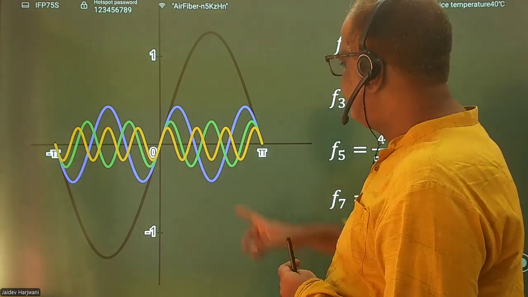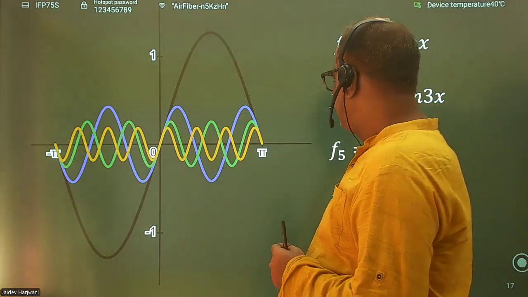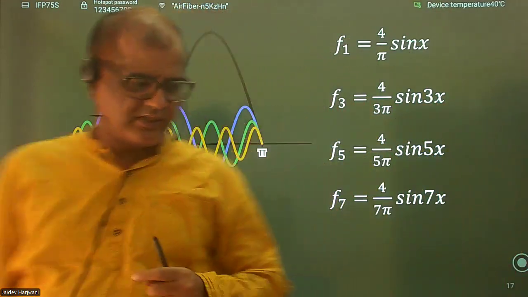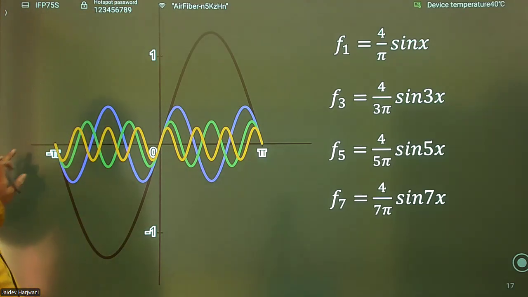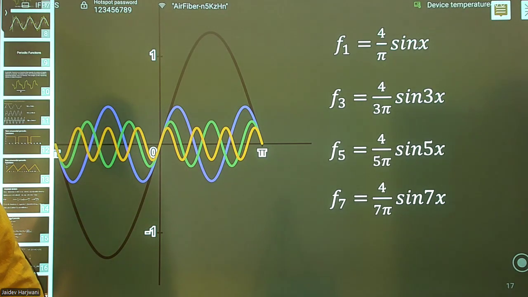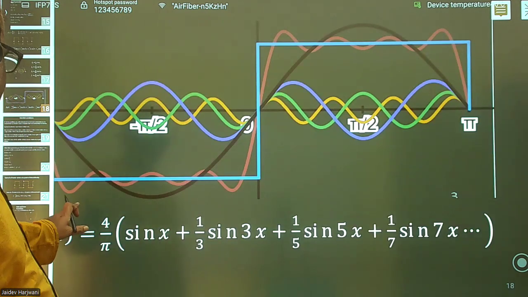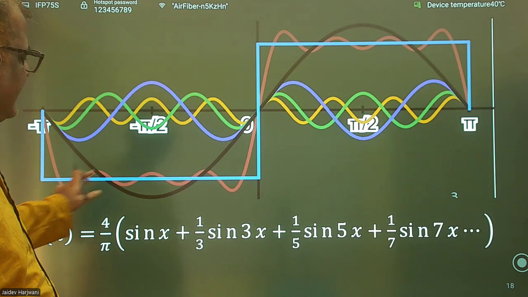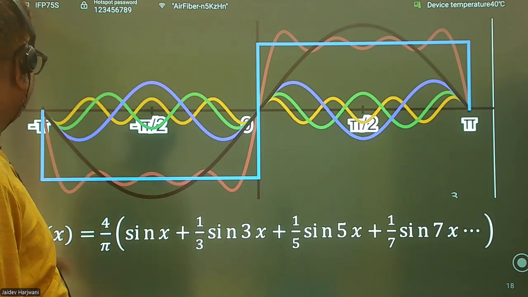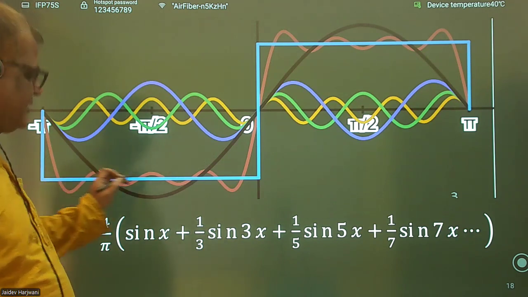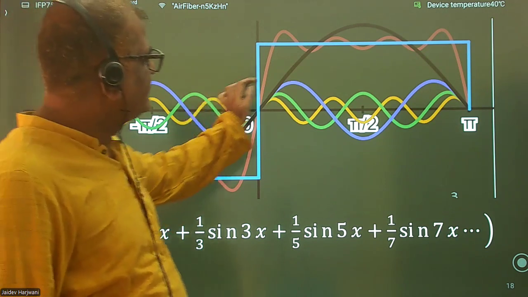Now what happens if I add these harmonics? As we see, if I add these harmonics, I get this red curve, the summation of these things, and this is my original square wave shown with a blue color.